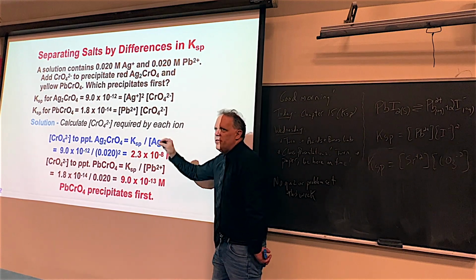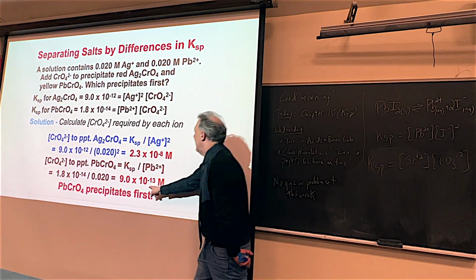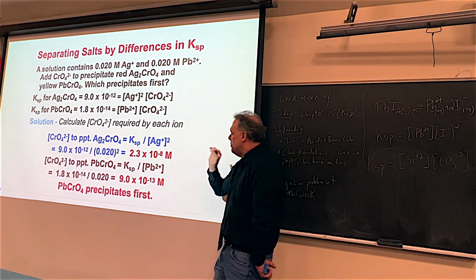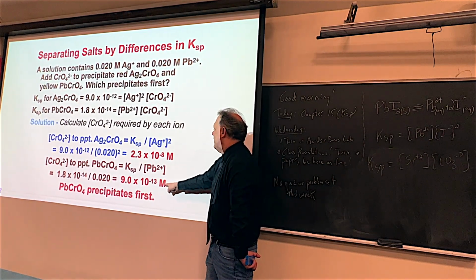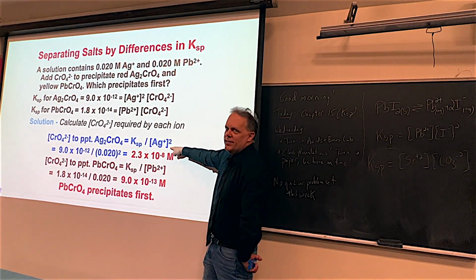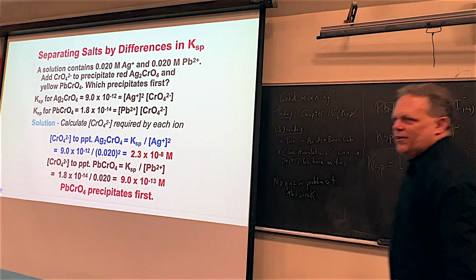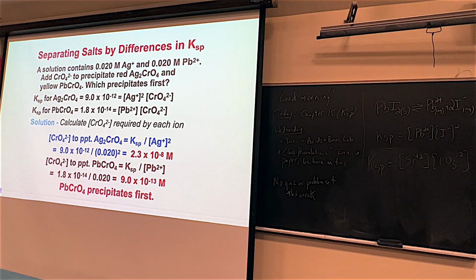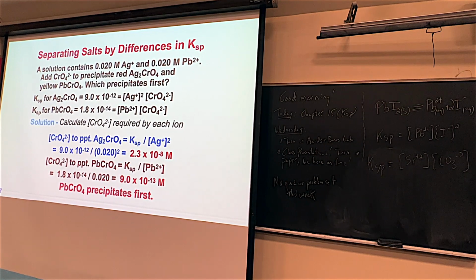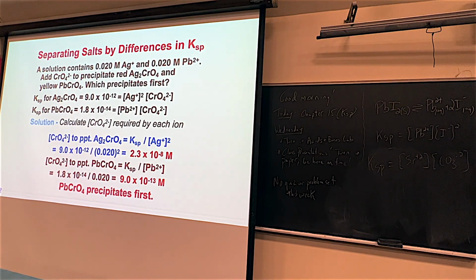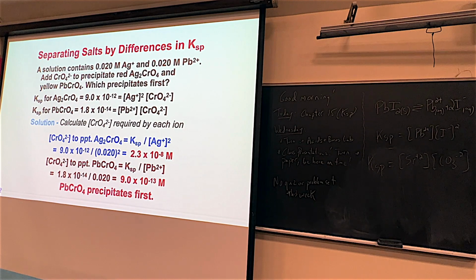So if we're really, really careful, if Alfonso and I are adding like 1.0 times 10 to the minus 13th moles at a time, which is really small but possible, we will see PbCrO4, the yellow compound, before we see the red Ag2CrO4. You have to be very controlled in how much chromate you add, but it is possible. And if this is important, we will see the PbCrO4 before we see the Ag2CrO4 compound. Yellow before red.